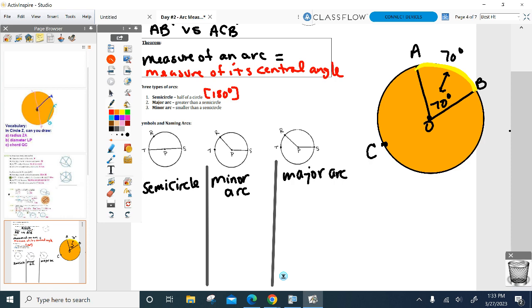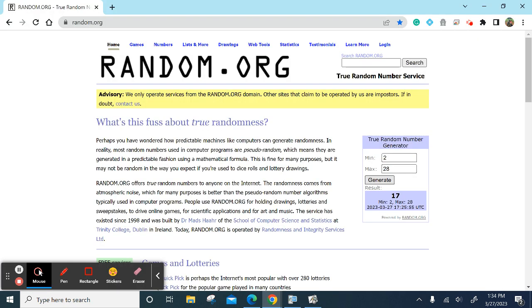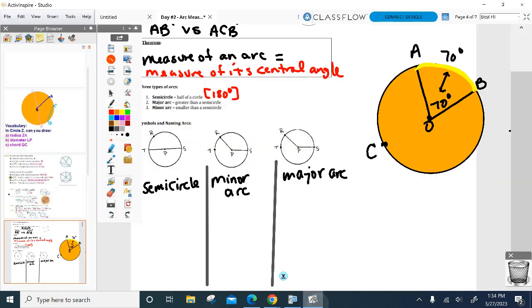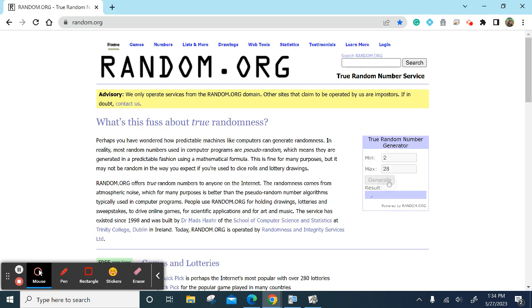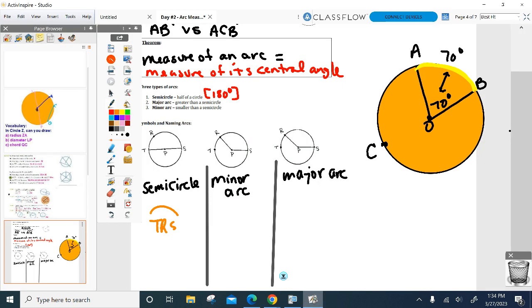Oh, we're done? We're ready to go? All right, give me the name of a semicircle up here. Arc TRS. Yep. You could have also said arc TS. That would have been a semicircle as well. I would have gone right from T to S, no stops in between. How about a minor arc for me up here?